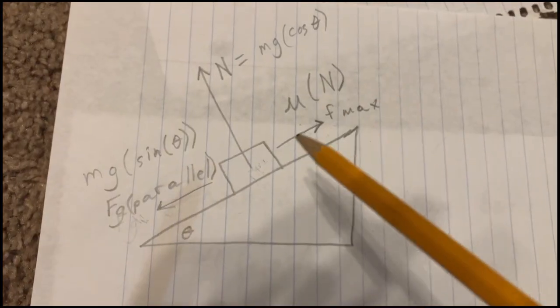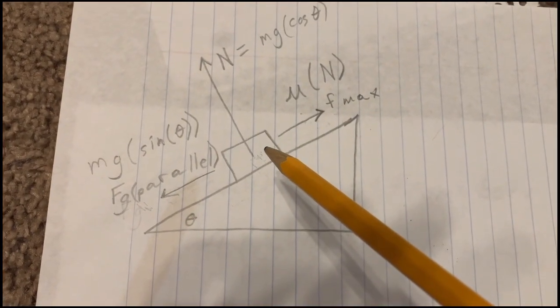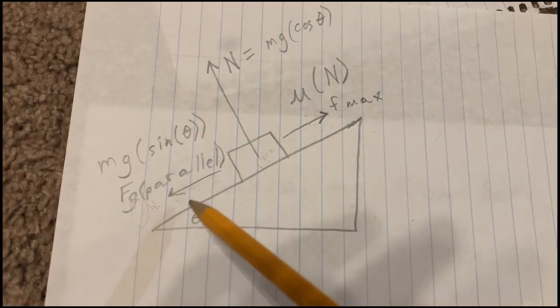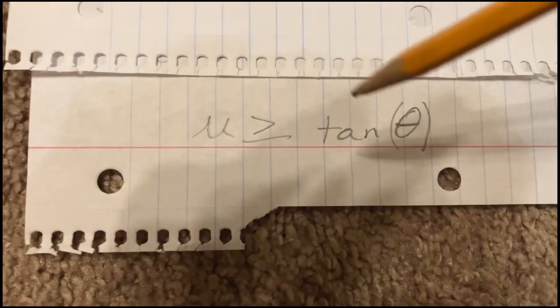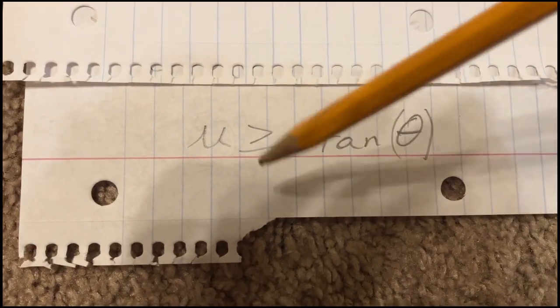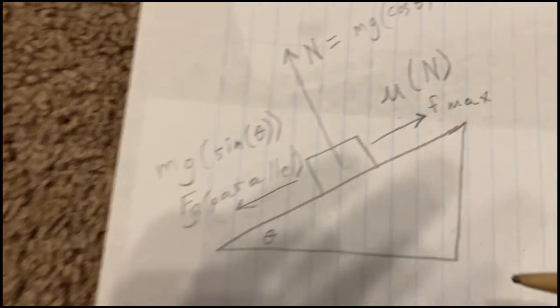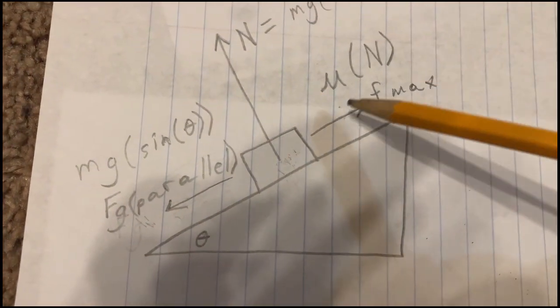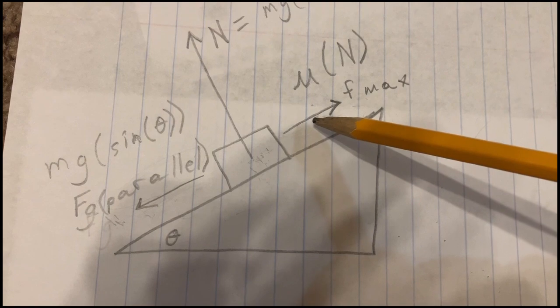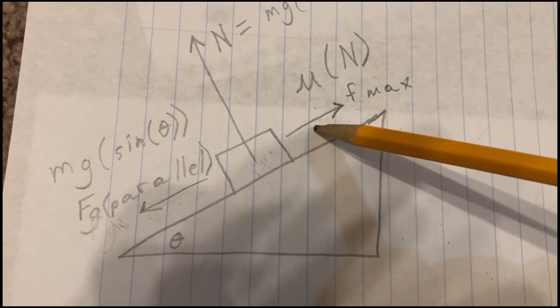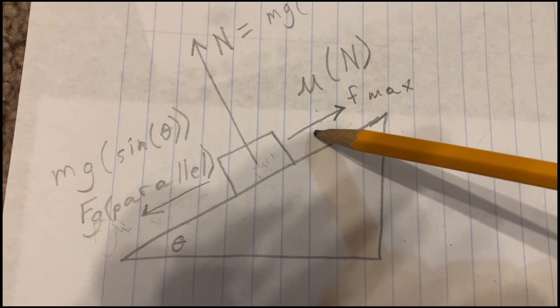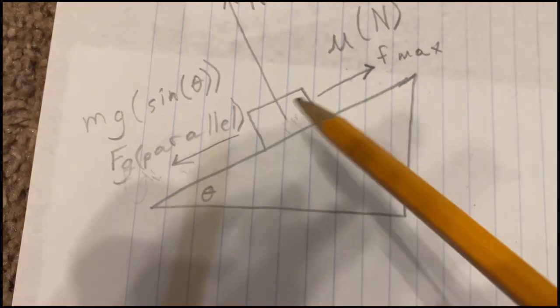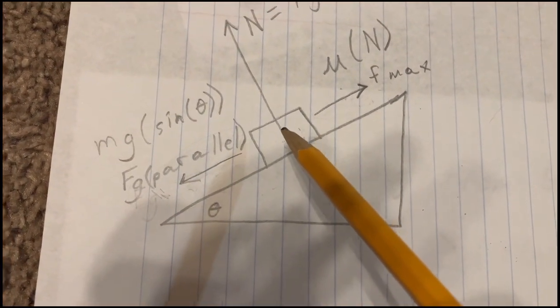So therefore, in order for the box to not slide back down, the coefficient of friction must be greater than or equal to the tangent of theta. The coefficient of friction in the frictional force must be greater than or equal to the tangent of theta.